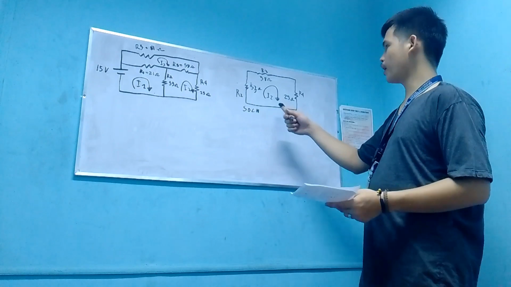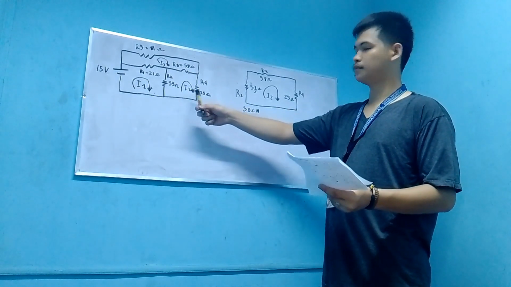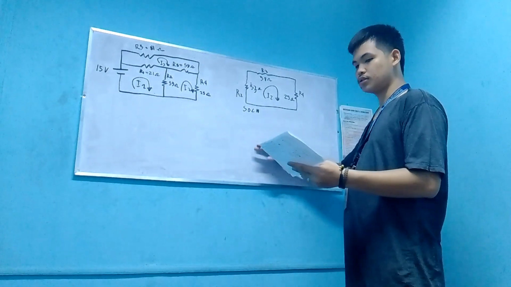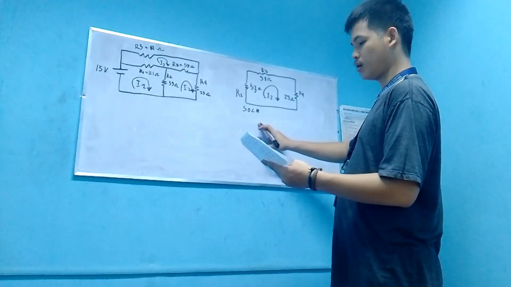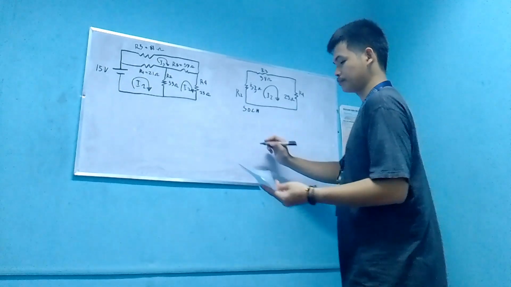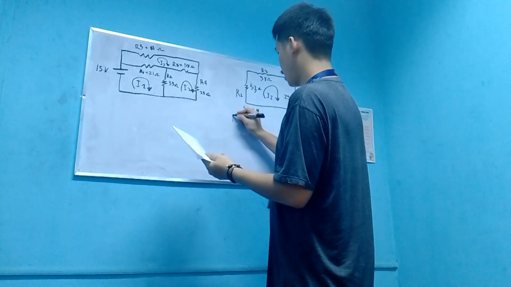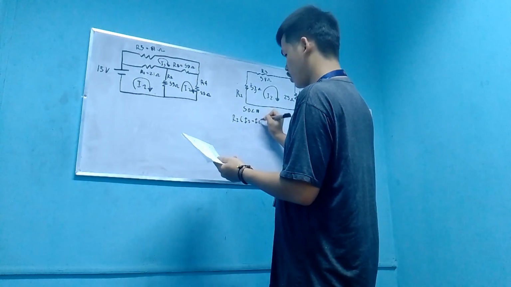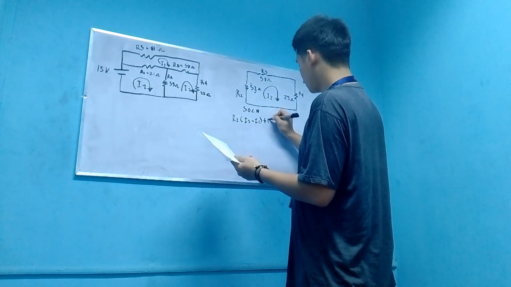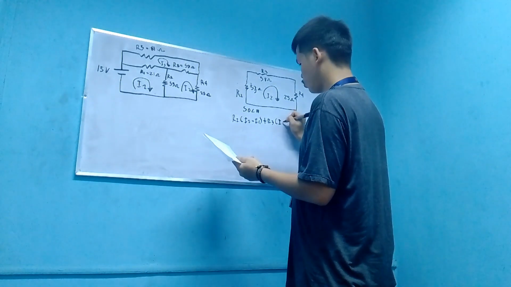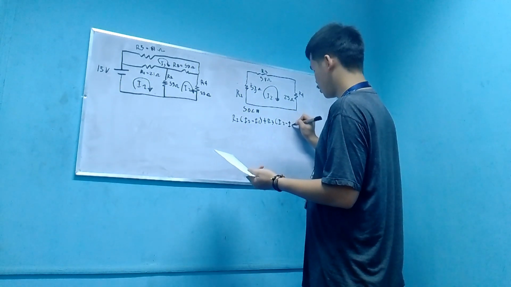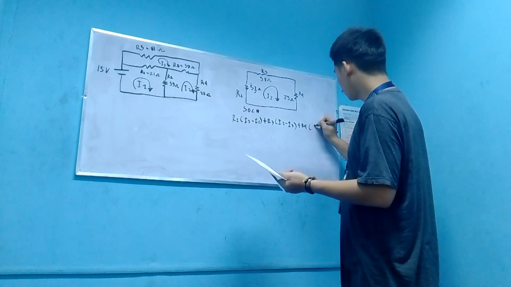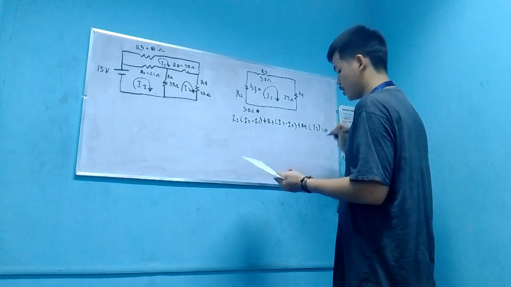We're gonna solve for the I2. So this is our diagram for I2 that we get from this diagram. So the solution for getting the loop 2 is R2 (I2 minus I1) plus R3 (I2 minus I3) plus R4 I2 equals to 0.